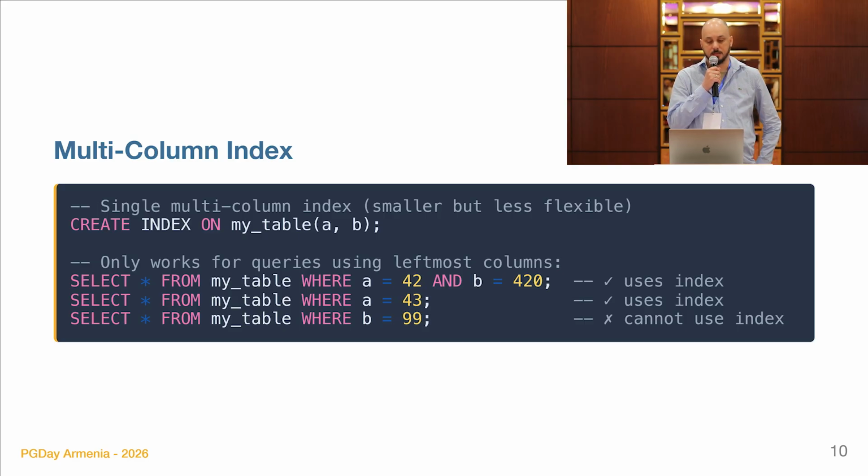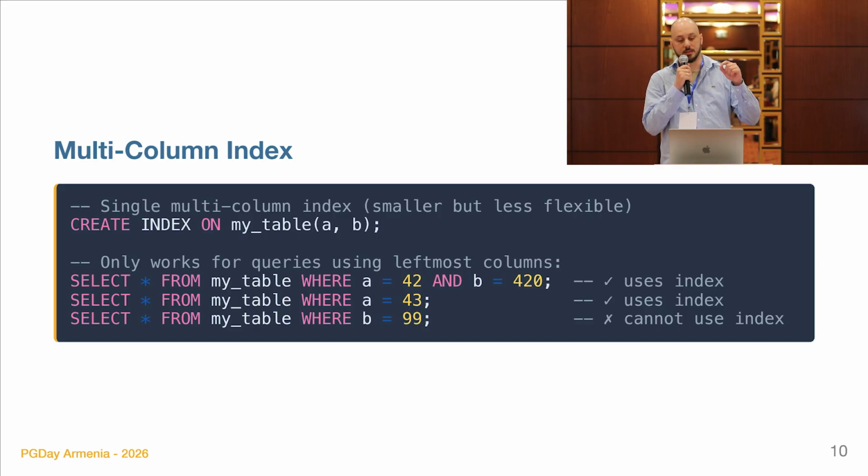It enables us to index more than one column at the same time in the same index. If we contrast this with having multiple indexes, we see how they are useful. For example, in this query, we're adding an index on the A and B columns at the same time.